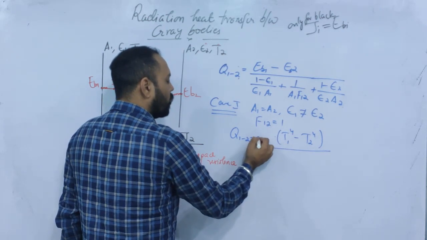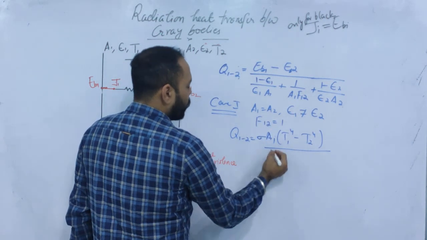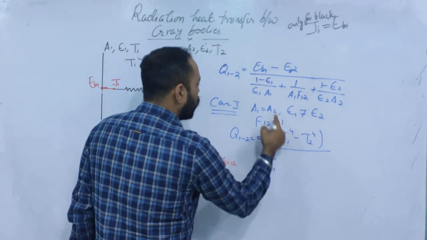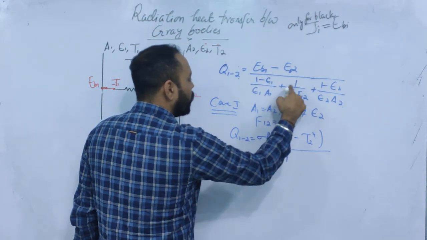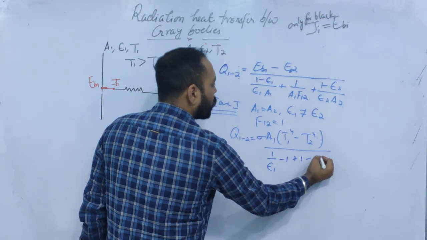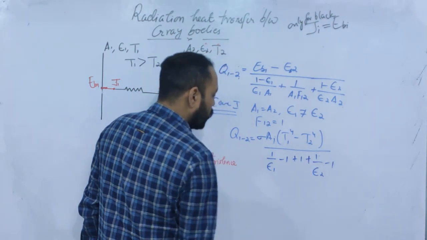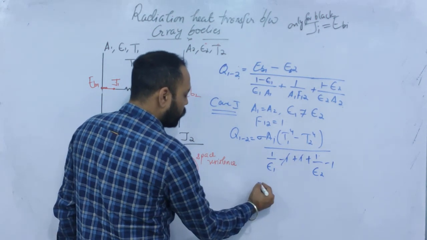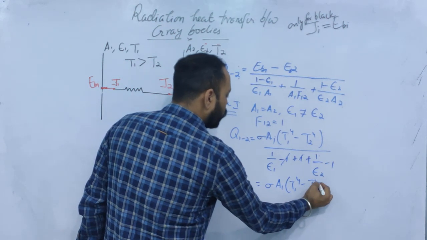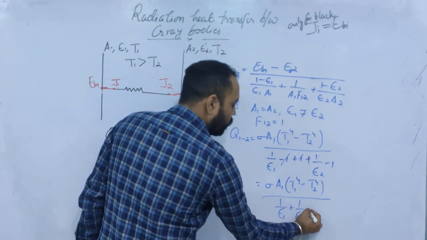So you can write here sigma A1, the area goes into the numerator. What is left? View factor is 1, so 1 by epsilon 1 minus 1, plus 1, plus 1 by epsilon 2 minus 1. Now this becomes sigma A1 times T1 to the fourth minus T2 to the fourth, divided by 1 by epsilon 1 plus 1 by epsilon 2 minus 1.